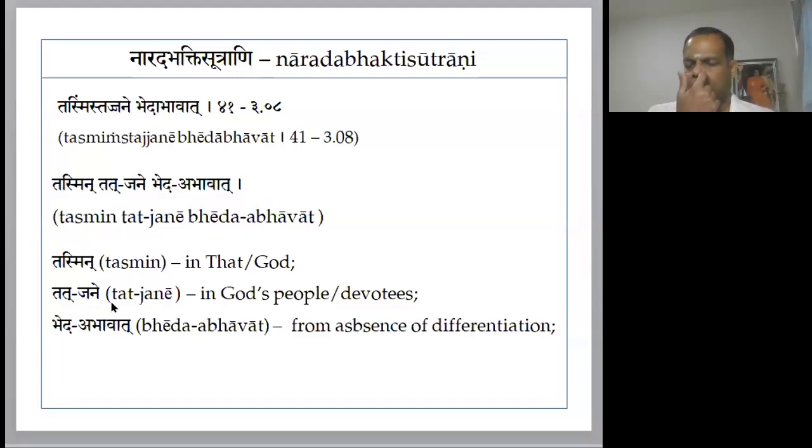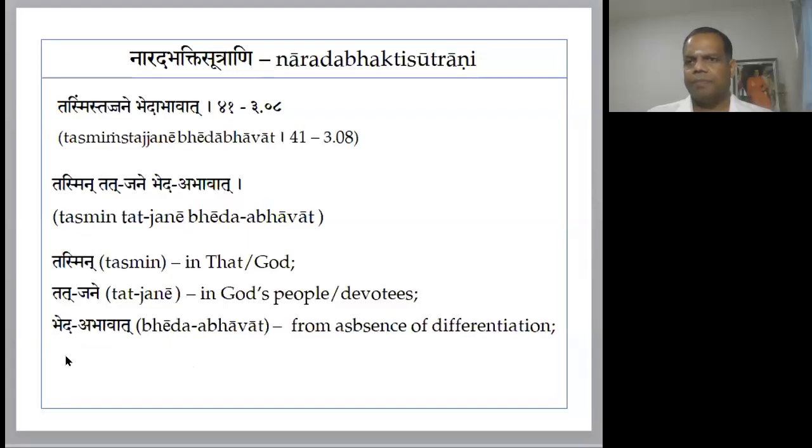Jana is the simple noun, first noun form. But jane is again the seventh noun form, which means in, on, at, about. That kind of meaning comes. So in God's people, whether it is in God or in God's people, in devotees, bheda abhavat.